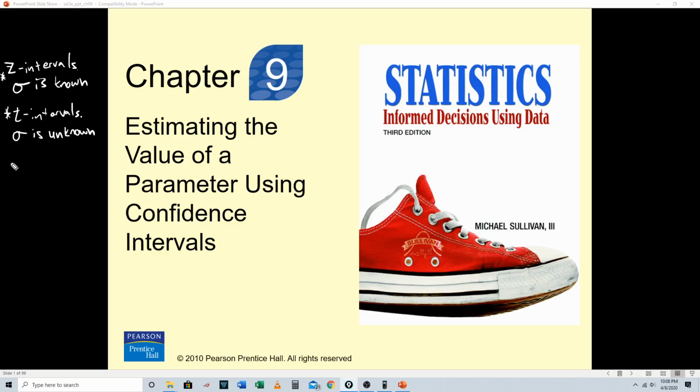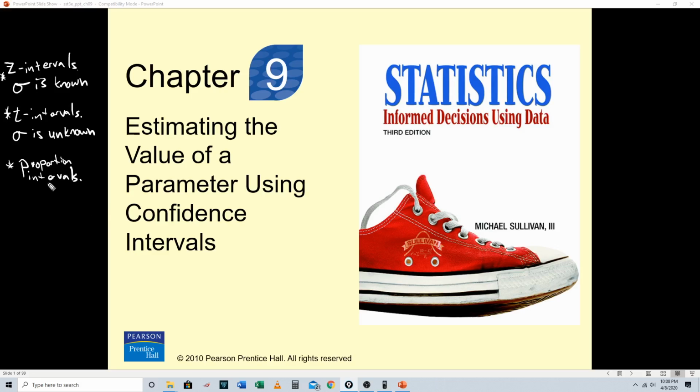Then we're going to do proportion intervals, which is going to be easy because they're not going to give us sigma or standard deviation or mean or anything. They're just going to give us sample size and how many were successful. Basically, it's binary.